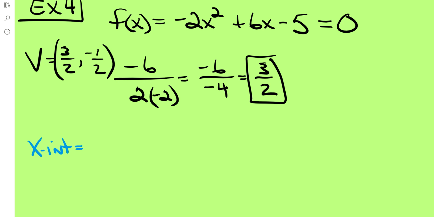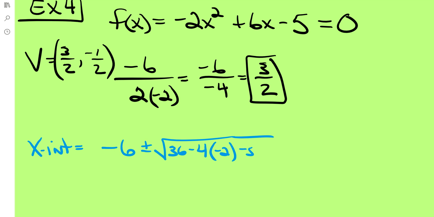So I'm going to have negative b, so it's going to be negative 6 plus or minus the square root of b squared, 36, minus 4 times a, which is negative 2, and times c, which is negative 5. Okay, looks like I'm going to have a negative radical sign here. And that's okay. We'll have ways of figuring that out.